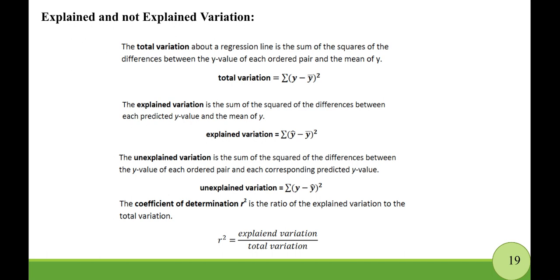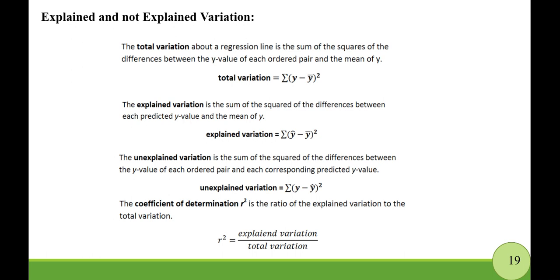So we have total variation. Imagine we want to predict y, where y is the actual value of the thing that we want to predict, and y bar is the average. The difference between the actual value and the average value, summed up, is going to give us the total variance that we have.